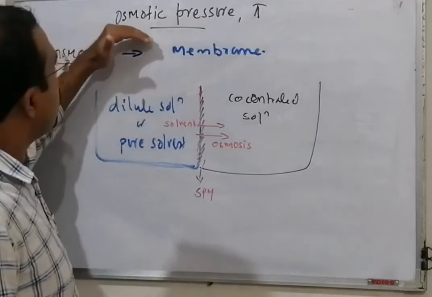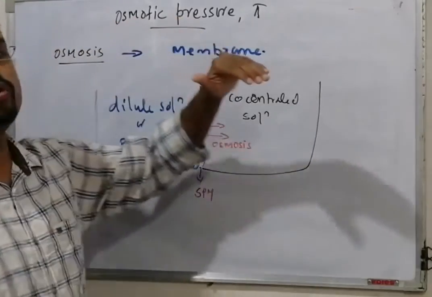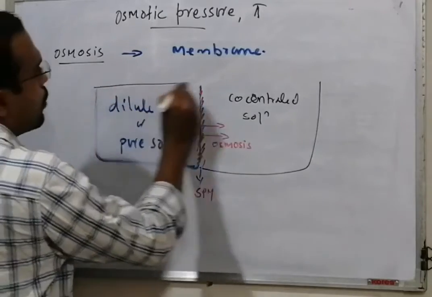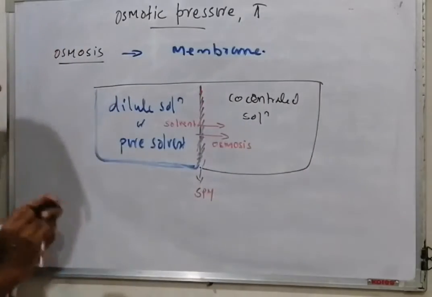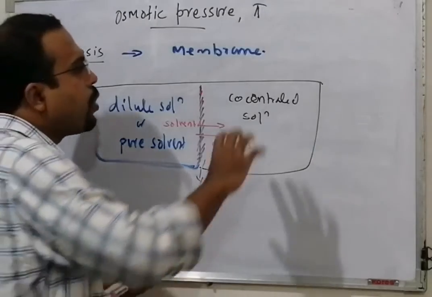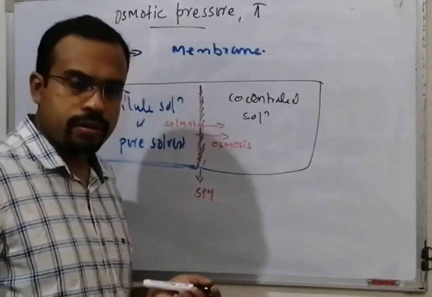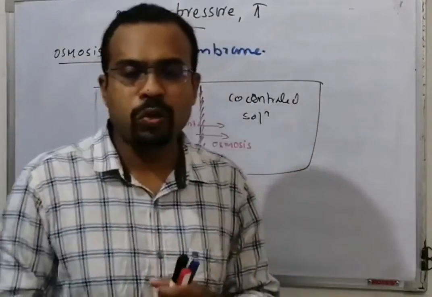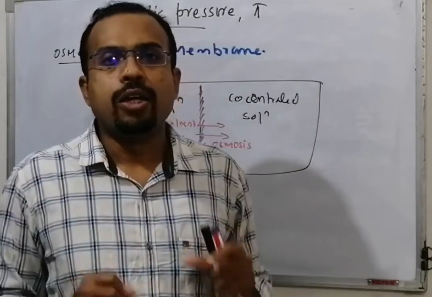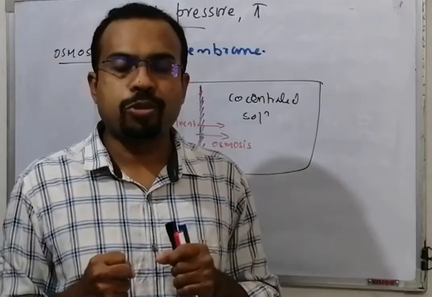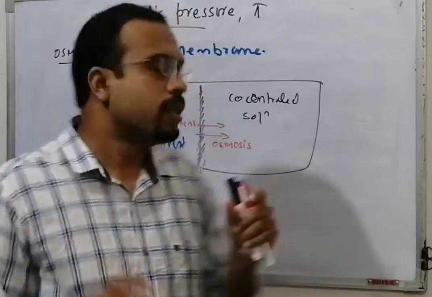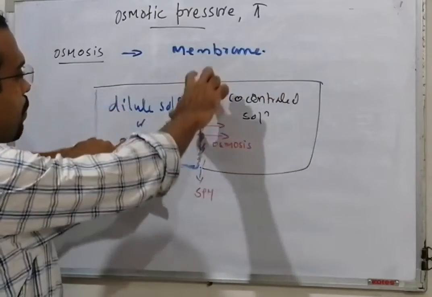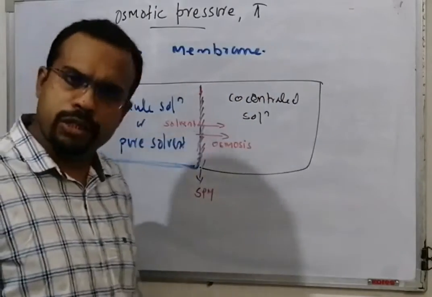Now we are going to discuss what is osmotic pressure. Suppose I am going to apply a pressure here. Suppose these are two balloon-like, pressable compartments, separated by a semi-permeable membrane. That's possible.